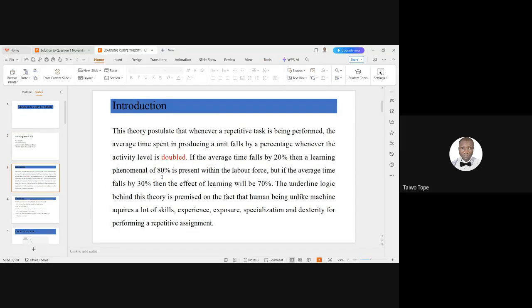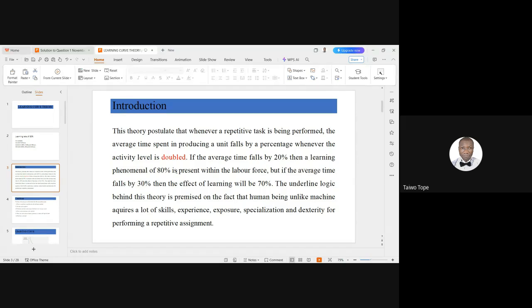From this slide, we said that this theory postulates that whenever a repetitive task is being performed, the average time spent in producing a unit falls by a percentage. So whenever the activity level is doubled, take note, doubled, if the average time falls by 20%, then a learning phenomenon of 80% is present.